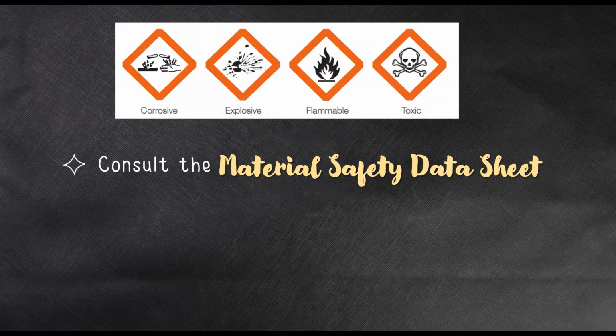It is the package insert that contains all the information about the potential hazards of the chemical handled. The MSDS also contains guidelines on how to work safely with the chemicals, and even protocols to apply for accidental spillage or hazardous exposure. So whenever a chemical is purchased, it always comes with an MSDS.